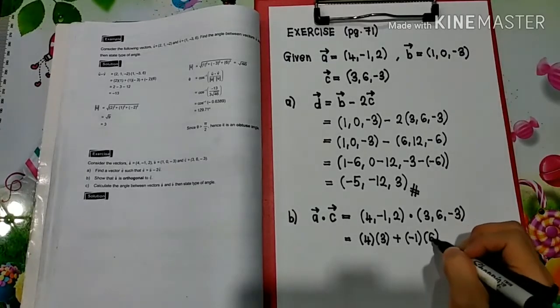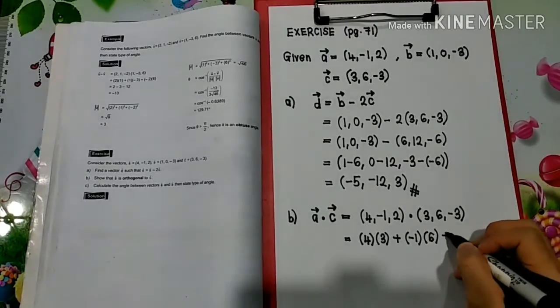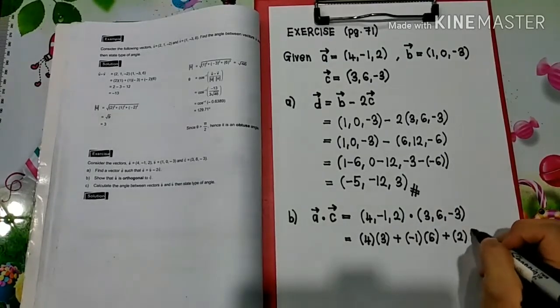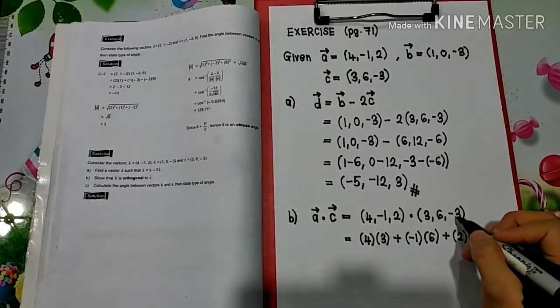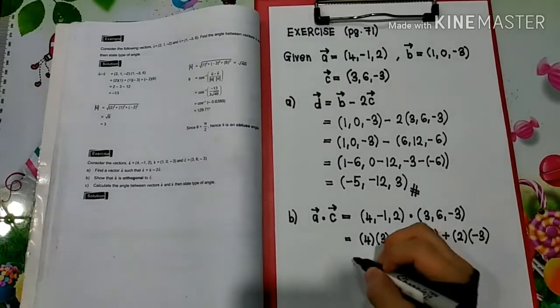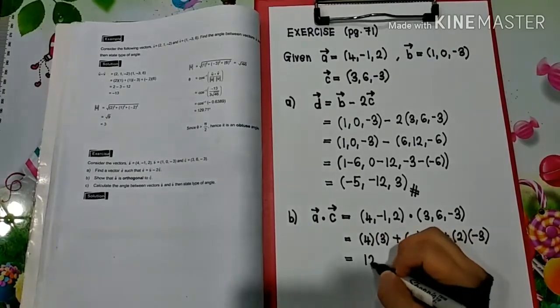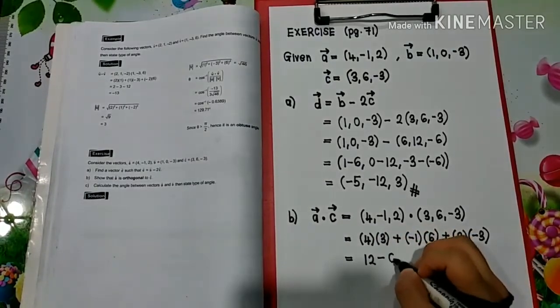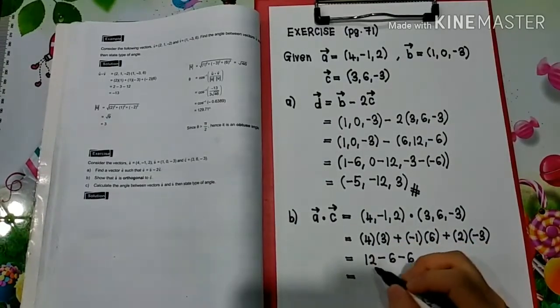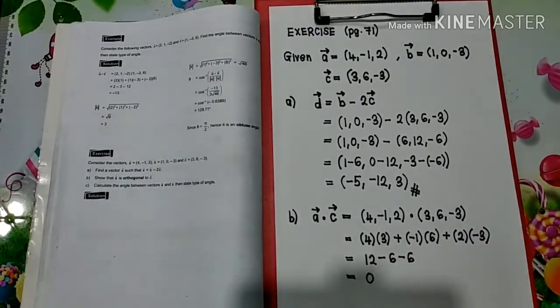So negative 1 multiplied with 6, plus the third element in the first vector multiplied with the third element in the second vector. So 2 multiplied with negative 3. So you get 12 minus 6 and then minus 6. So you will get what? 0.